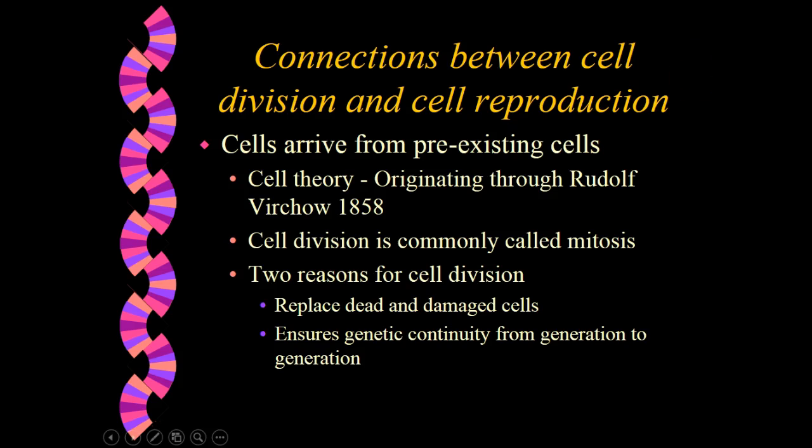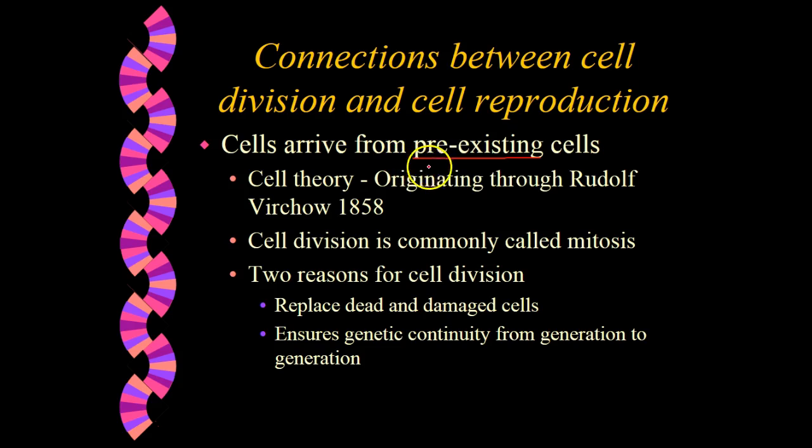Remember that it was Rudolf Virchow. After studying mitosis, Rudolf Virchow talked about the importance of this pre-existing cell idea, meaning spontaneous generation needs to be disproven. He wasn't the only one that contributed to disproving spontaneous generation, but he was very influential in disproving it because he studied mitosis.